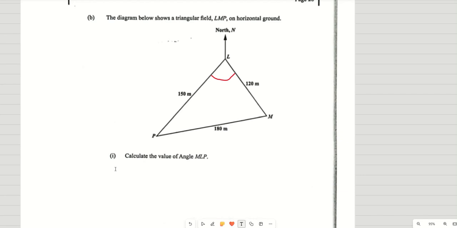Cosine rule, which tells us that MP squared is equal to ML squared plus PL squared minus 2 times MP times ML times cos MLP. I'm going to put my brackets and my squared after.